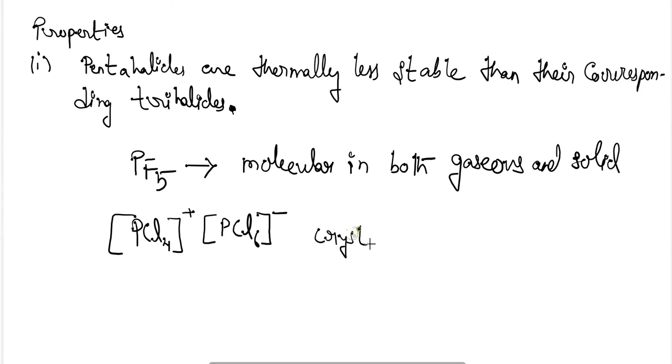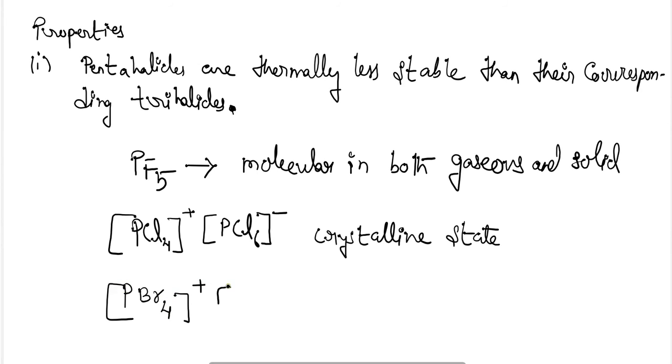In the crystalline state, it is present in this type of form. PBr5 and PI5 also exist in ionic form only, similar to that of PCl5. That is, this kind of structure will be seen.